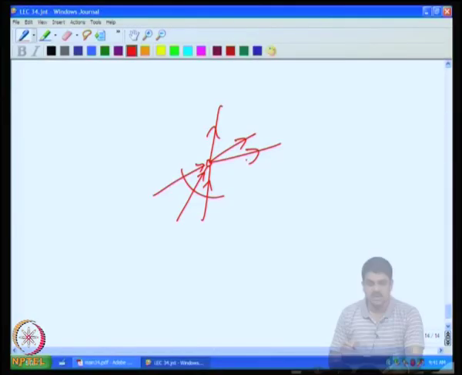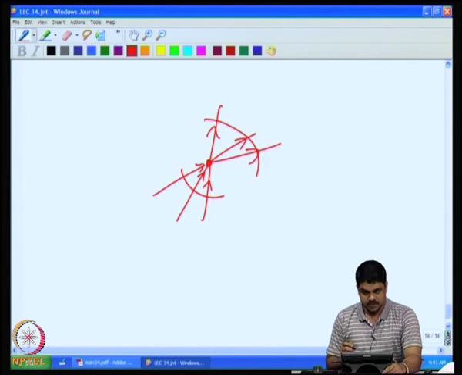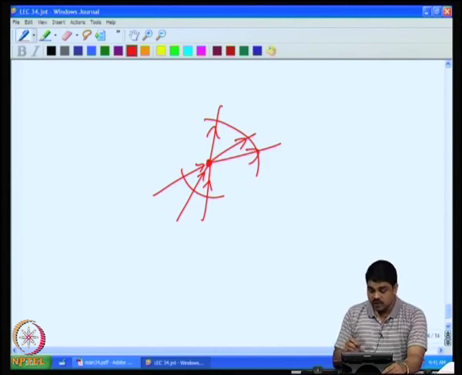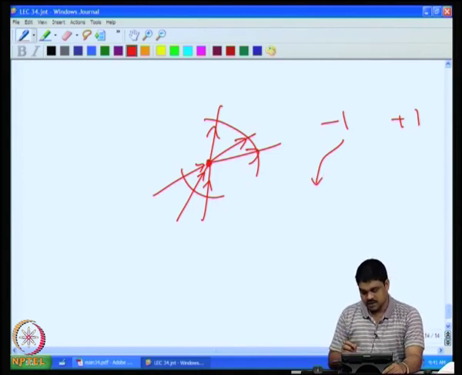Otherwise, how is it possible that the sum of the values on the outgoing edges equals the sum of the values on the incoming edges? The only way is that the number of incoming edges equals the number of outgoing edges, if all values are 1. Because the only allowed values are -1 and +1, whenever there is a -1 we reverse the orientation of the edge and make it +1.